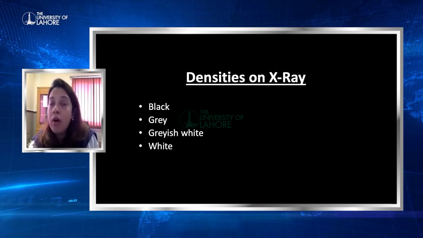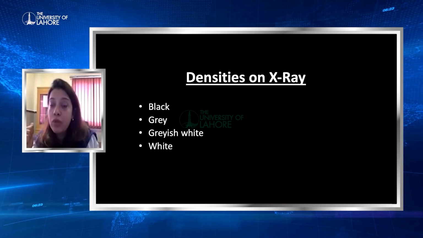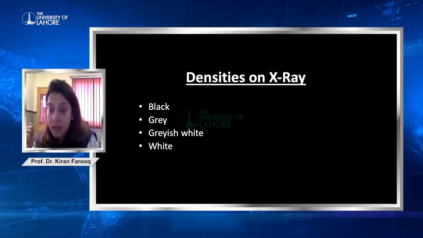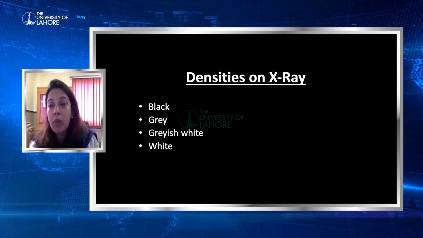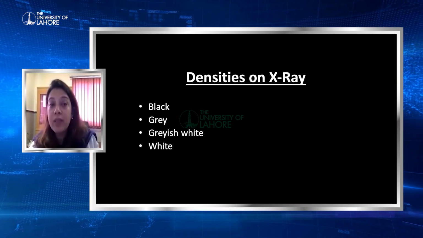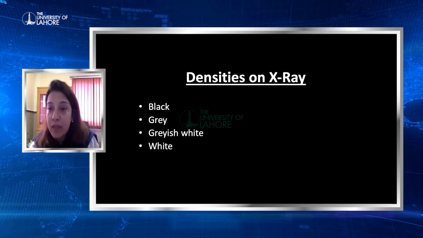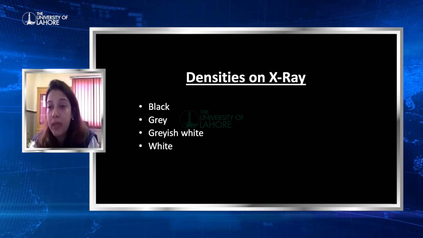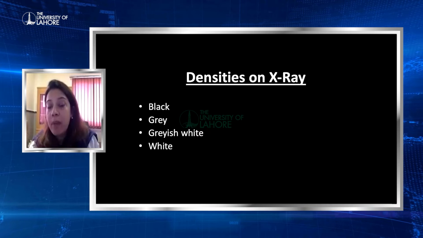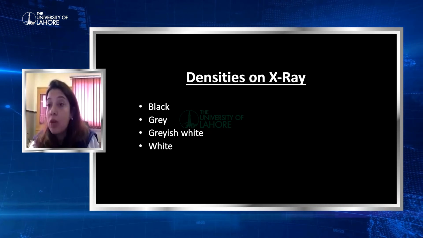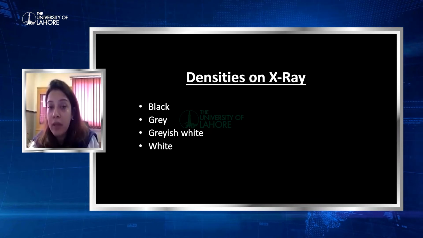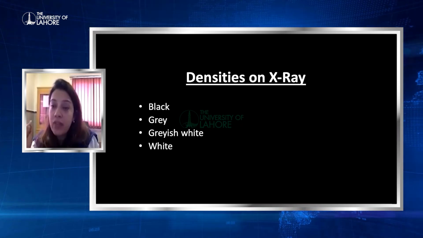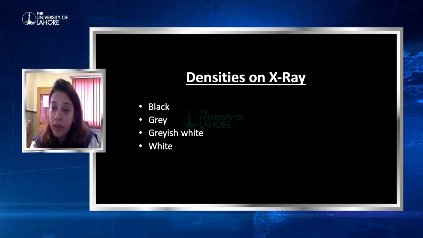The organs that absorb most of the X-rays appear white. This is the basic principle. The organs through which the X-rays all pass appear black. The lungs are full of air, so when the X-rays pass through a normal lung, it appears black, whereas bone has a very high atomic number and absorbs most of the X-rays, hence it appears white.